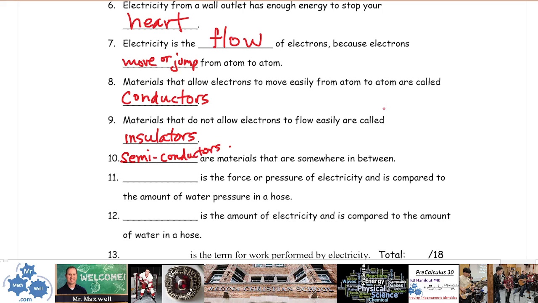All right, number 11. Blank is the force or pressure of electricity, and it's compared to the amount of water pressure in a hose. Starts with a V. Voltage. Yeah, voltage.